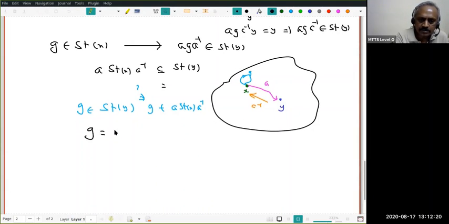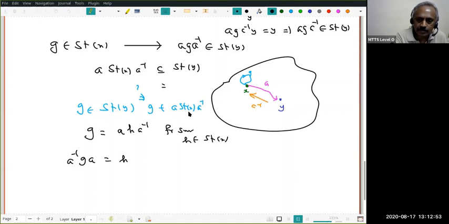I have to look for G equal to A H A inverse for some H. I have to solve for this H. But what is that H? Multiply this by A inverse G A, then I will have H. You understand that? Therefore, what I have shown is any element G in the stabilizer of Y comes as a conjugate by A of an element from the stabilizer of X.